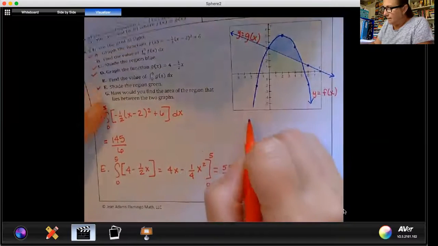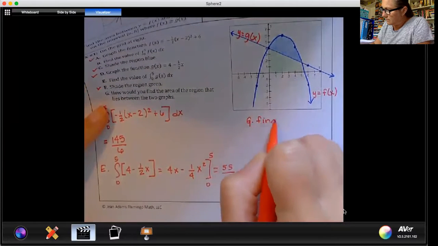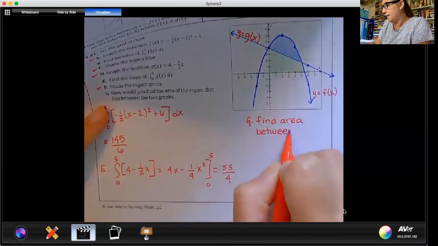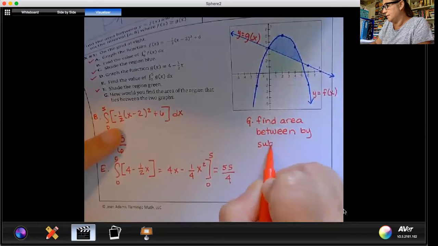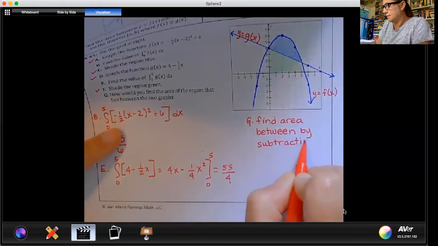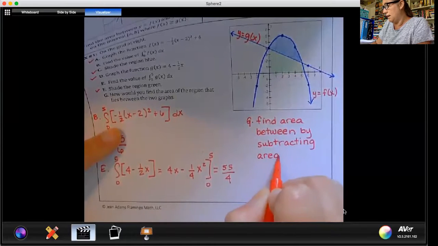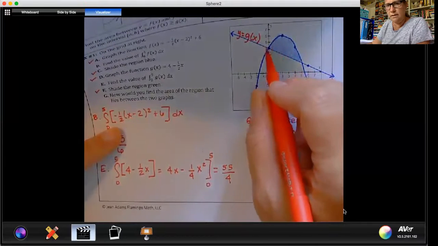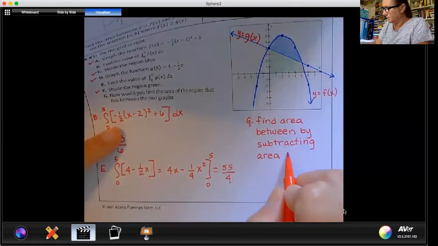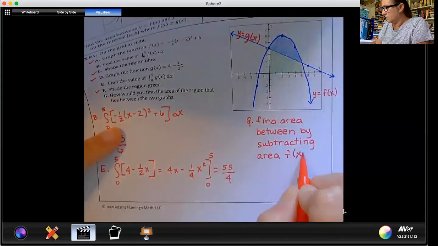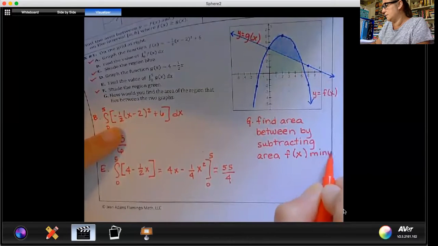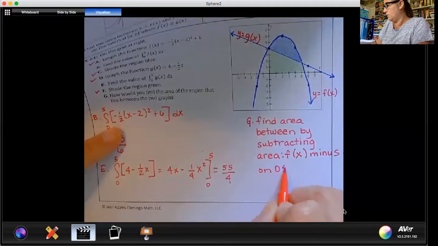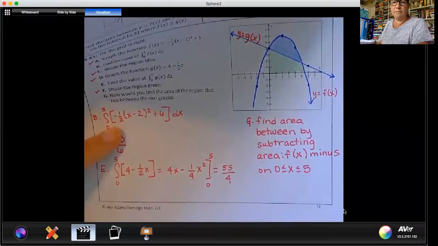So for part G, to find the area between, you find that area by subtracting the area of the top, which is f of x, minus g of x on the interval from 0 to 5.